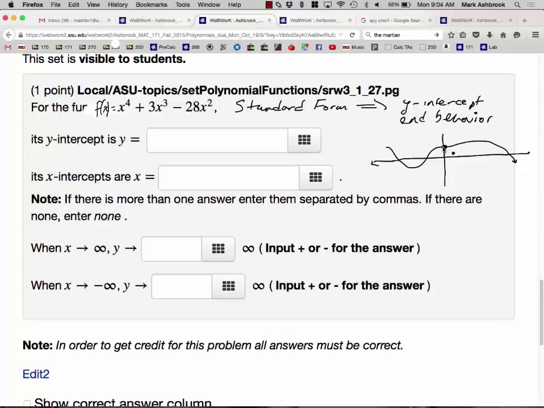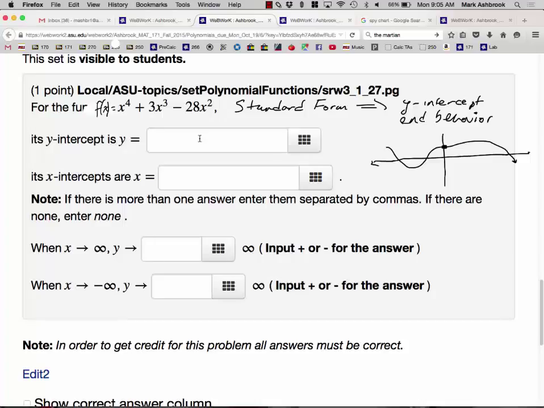All points on the y-axis have an x-coordinate of 0. We're not in positive territory, we're not in negative territory. On the y-axis, we're at x equals 0. Therefore, that's how you do it algebraically too. If you want to find the y-intercept, you set x equal to 0.